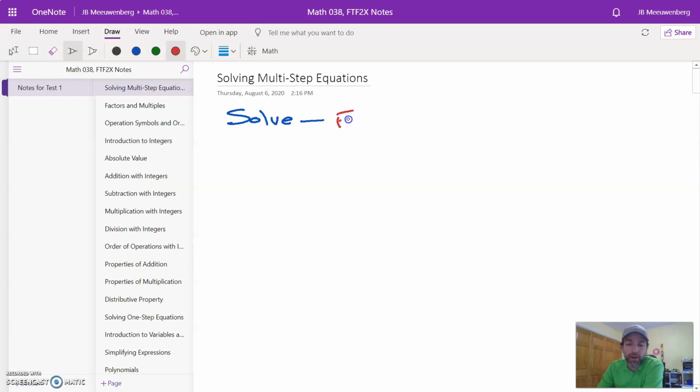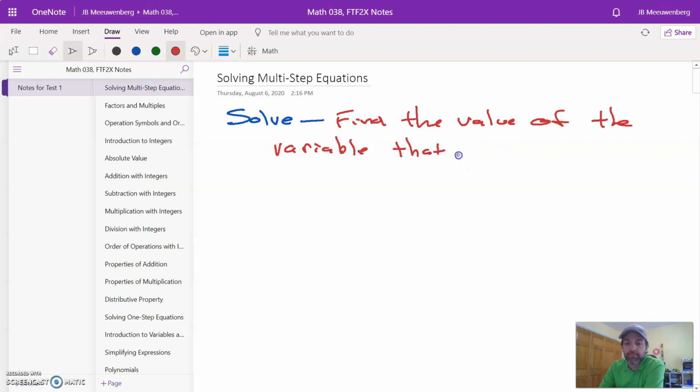But it is find the value of the variable that makes the equation true.